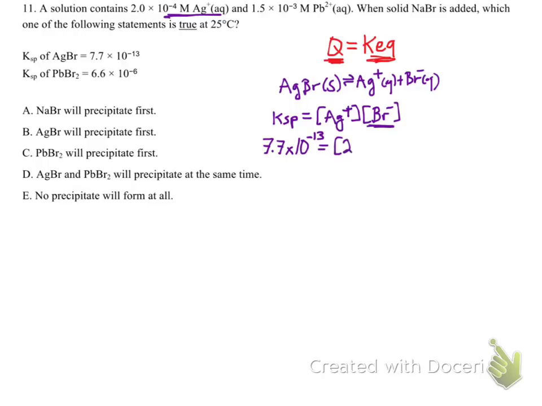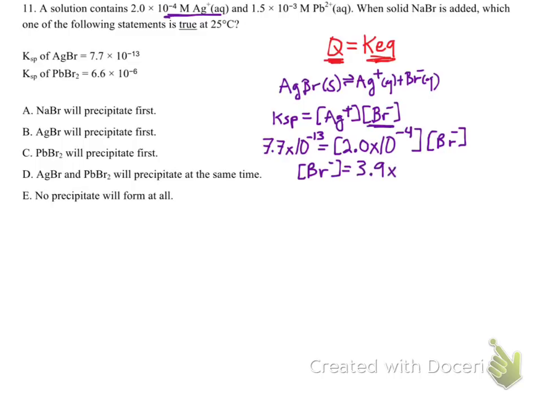So 2.0 times 10 to the negative 4th times the bromide ion concentration needed to reach saturation. We'll divide both sides by the 2 times 10 to the negative 4th, and we'll end up getting that the bromide ion concentration necessary to get this to precipitate out is going to be 3.9 times 10 to the negative 9th.